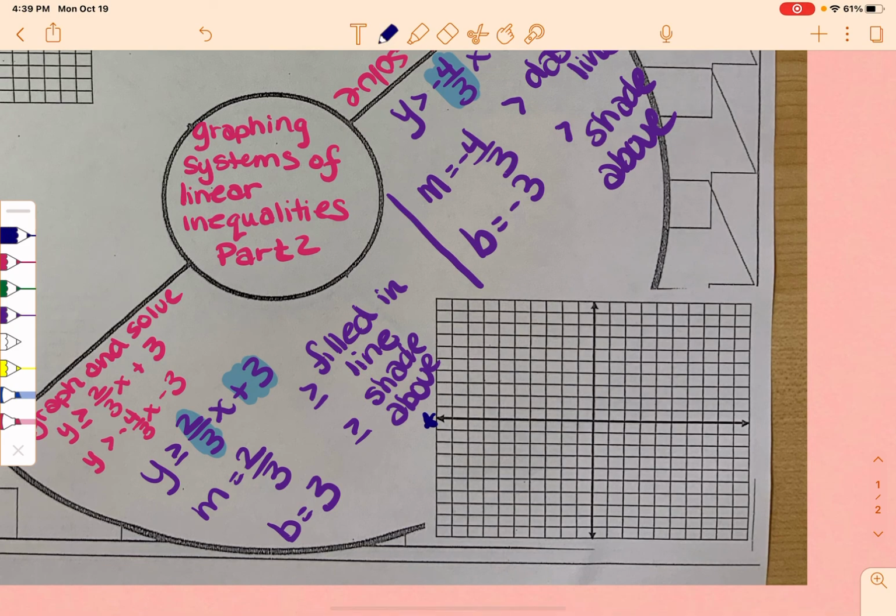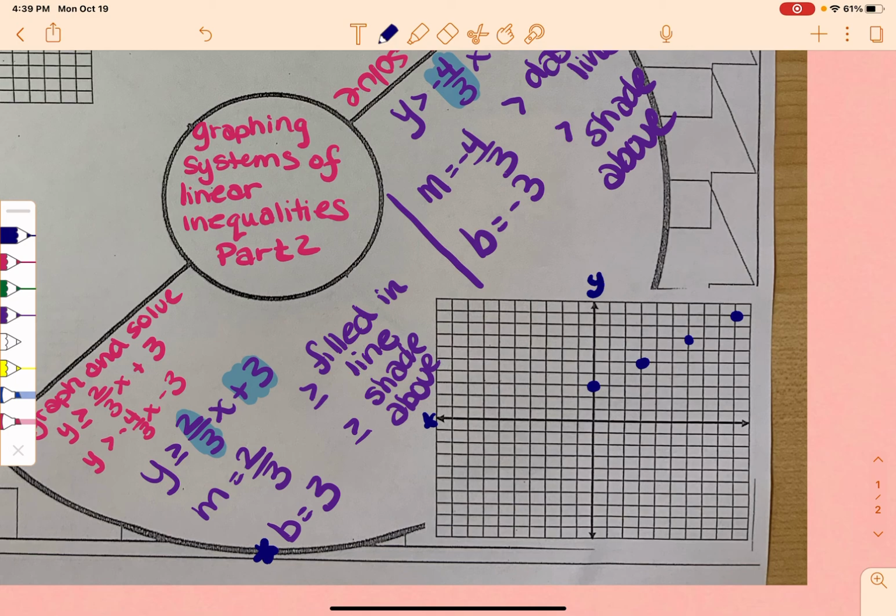Okay, so I'm going to do my x and y here just so I know which way is up when I'm looking. And I'm going to start with graphing this. So +3. The slope is over 2 and up 3. Now, I'm going to work backwards because I know there are some more points over here.